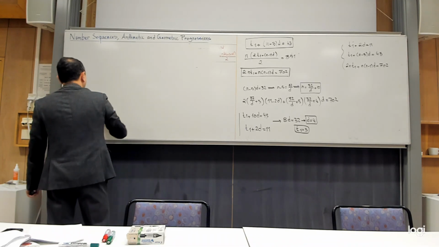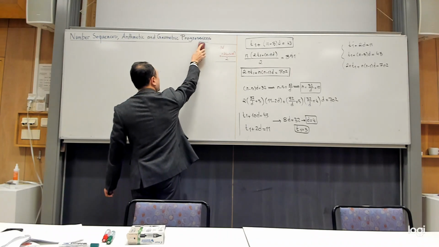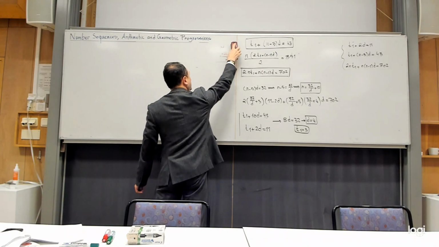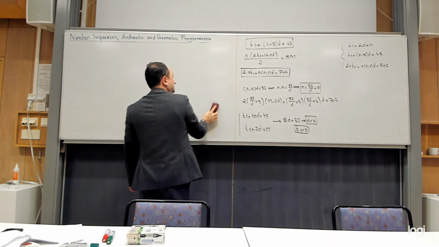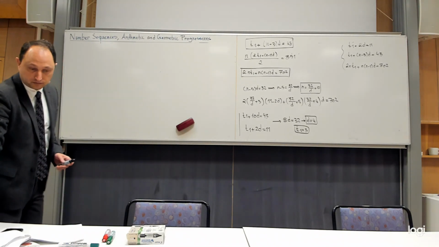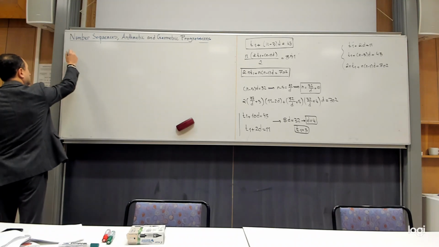This is like an identity. So in any arithmetic progression, I want to prove this formula. So, example.